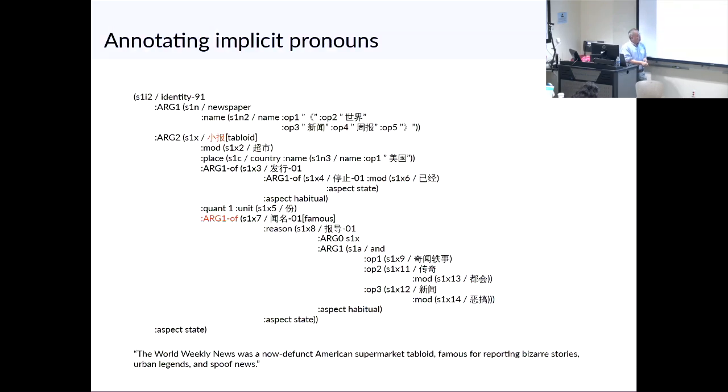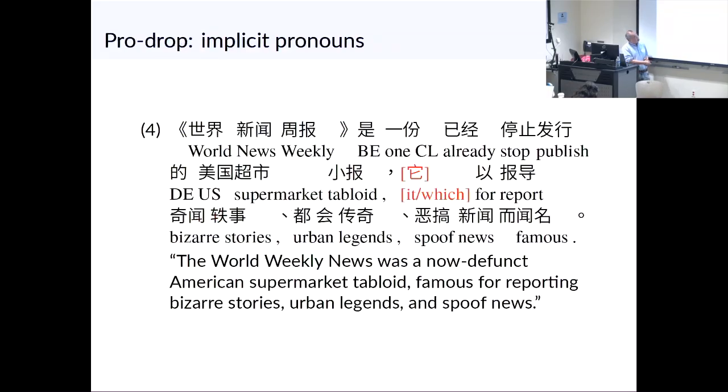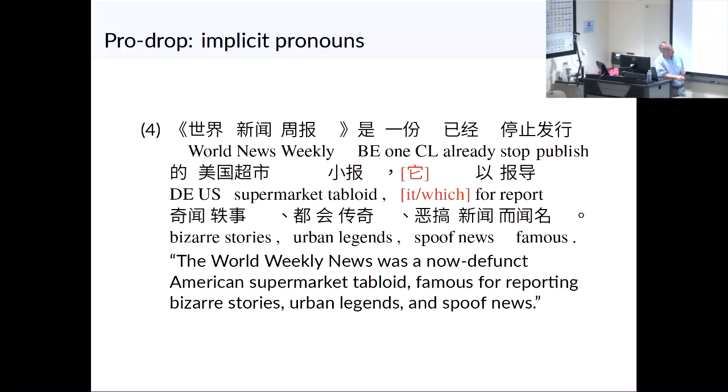There are actually multiple ways of dealing with this. One way is to just pretend it does not exist, which is actually fine, as long as you get all the other relations correct, right? So you have a relation between it and "famous," right? So what is famous? Well, the thing that's famous is it, right? As long as you can preserve that in the UMR annotation, then you don't lose anything necessarily.